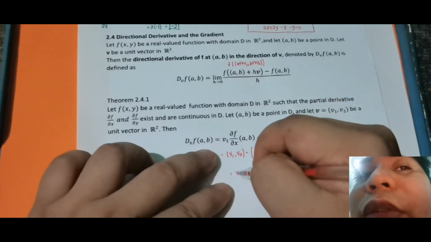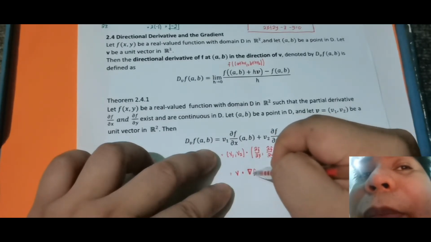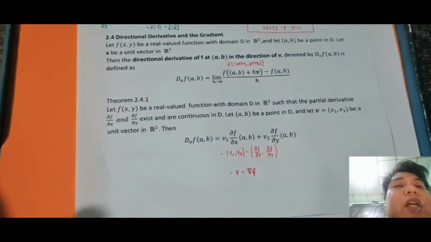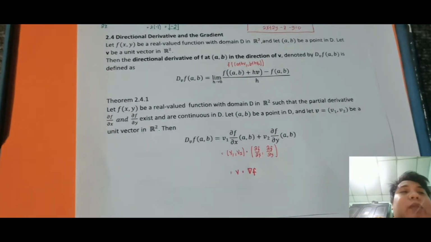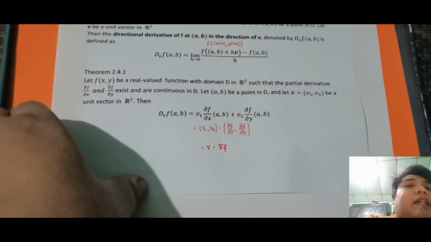This is just the unit vector multiplied by the del of f, the gradient of f. If it is three, you know what to do: the unit vector is b sub 1, b sub 2, b sub 3, if we are in 3-dimensional Euclidean space. So adjust your mindset to that.